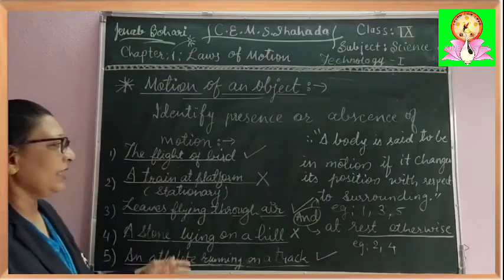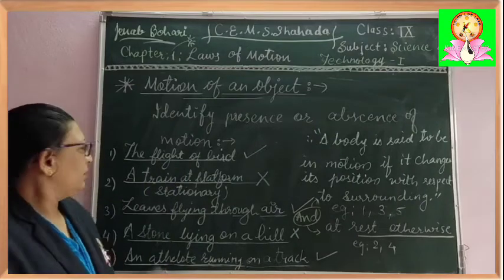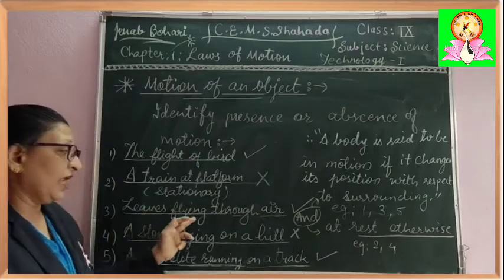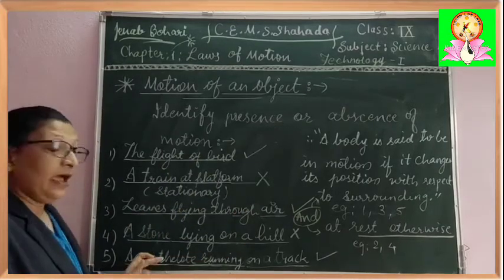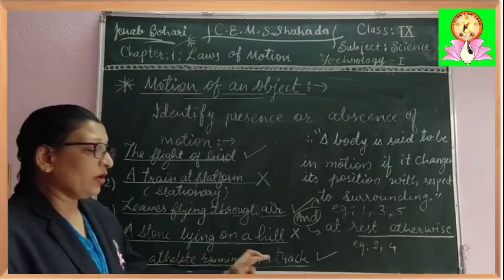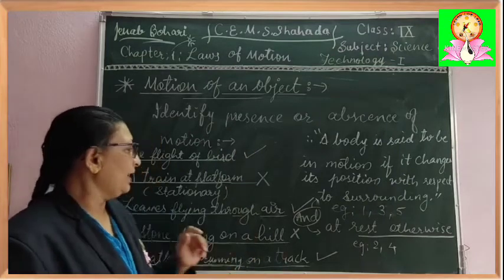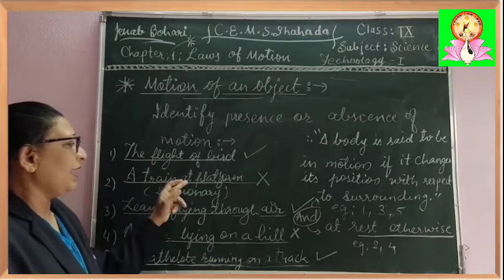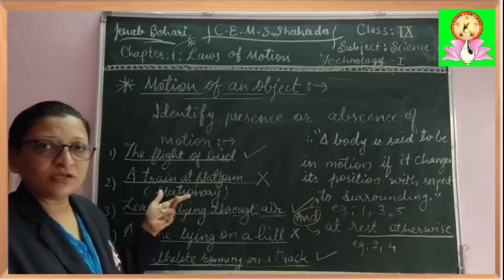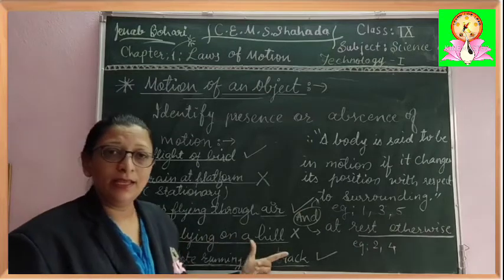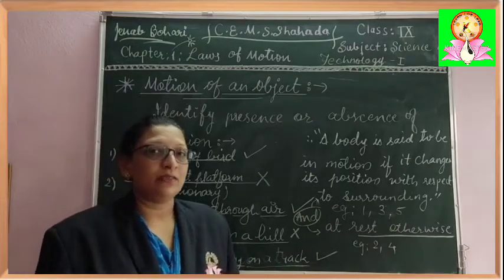So in all these examples we find that the flight of a bird, leaves flying through air and an athlete running on a track are in motion, while the train at the platform in the stationary state and a stone lying on a hill are at rest.